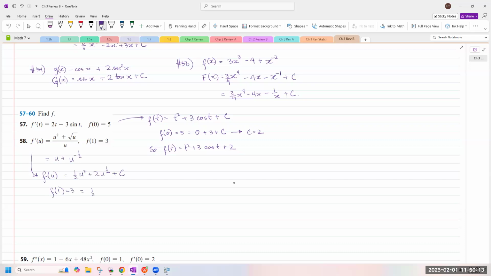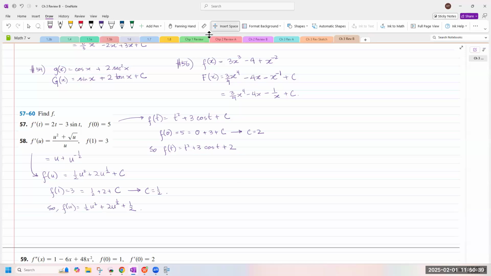This is 1/2 plus 2 plus c. So consequently, c equals 1/2. So F(u) equals 1/2 u squared plus 2u to the 1/2 plus 1/2. Okay, that's for number 58. Not too hard, right?